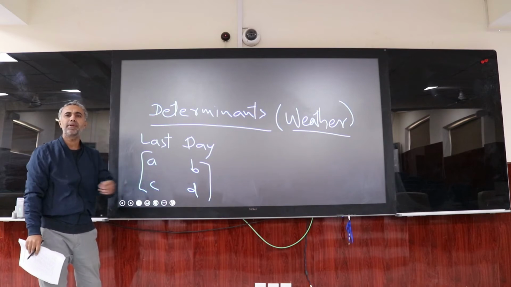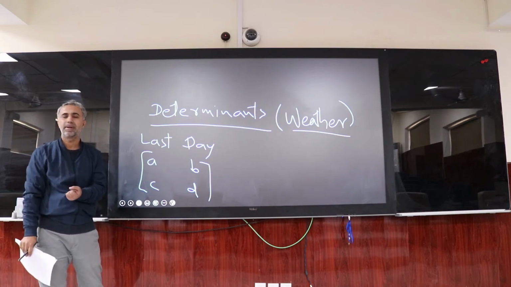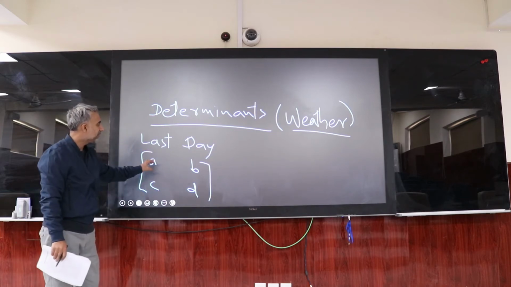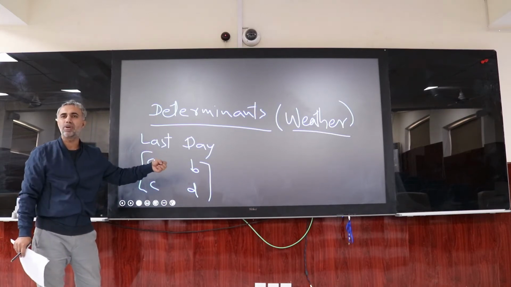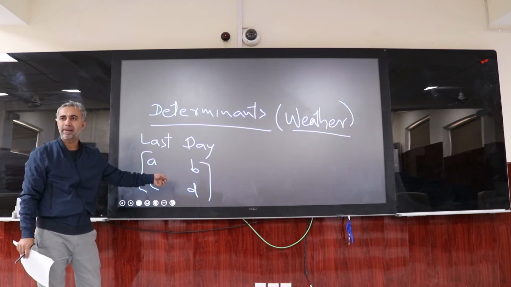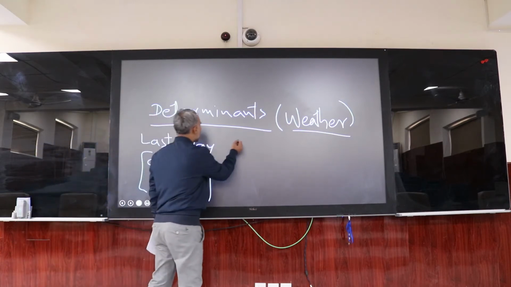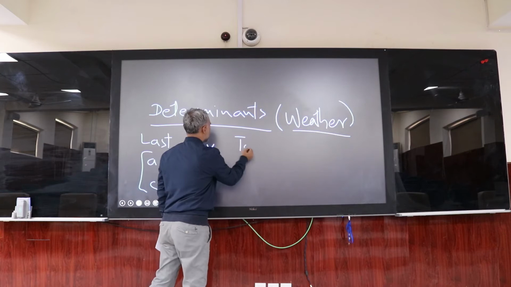These are four parameters. We are checking our mobile phone. Last day, with the help of the determinant, it tells us how cold or how hot the day was. But you also determine today.